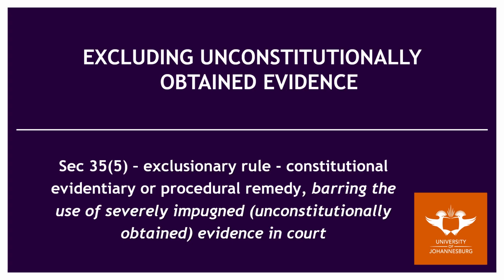The second important principle is the deterrence principle, where courts aim to discourage future police misconduct in the obtaining of evidence. The third, the corrective principle, aims at redress. In effect, the criminal justice system must have a built-in ability to self-correct any internal abuse. From this perspective, Section 35(5) provides for a redress as a result of the obtaining of evidence in a severely unconstitutional way.